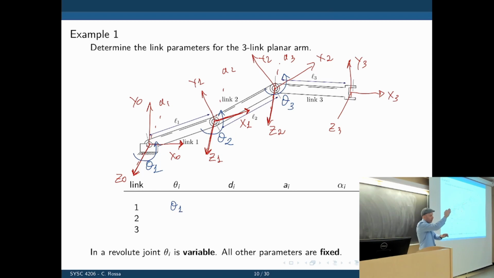We have frame 1 here, x0 here, and x1 there. They are not translated out of the plane. That's what d means. If d was non-zero, then the second frame would be coming out of the plane. So there's no translation along z. Hence, d1 is 0.